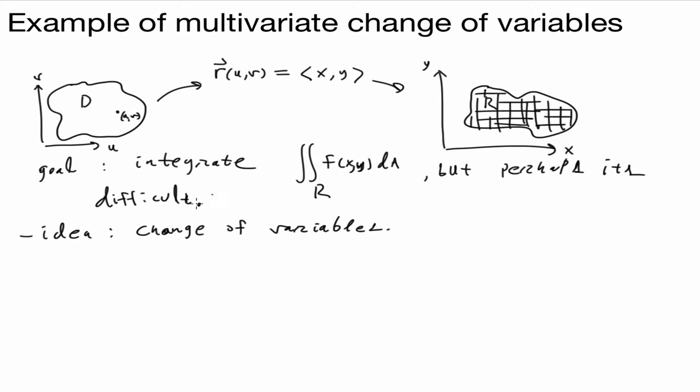If I have a little tiny area here, it gets mapped into some sort of zone here, and there's a correspondence between those. But something about integrating in the UV plane will actually be easier to integrate.